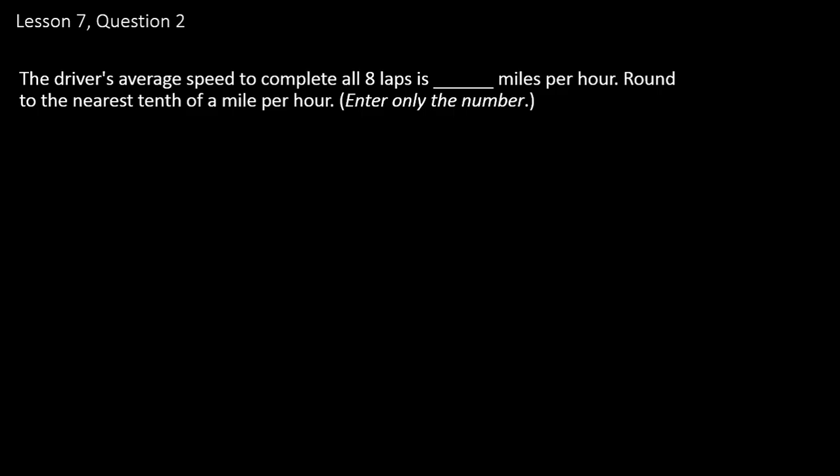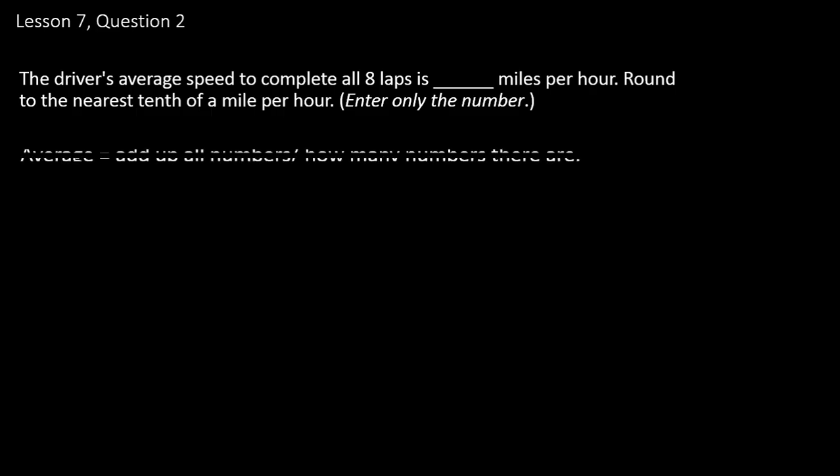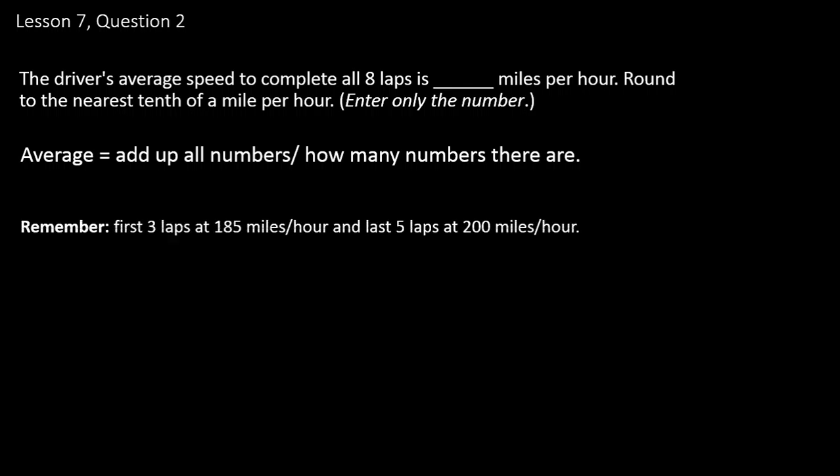Question 2. The driver's average speed to complete all 8 laps is blank miles per hour, round to the nearest tenth of a mile per hour. So remember that to find an average, you add up all the numbers you have and you divide by the number that you have in front of you.